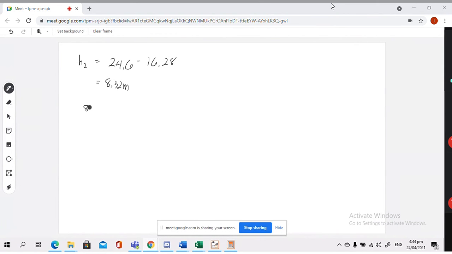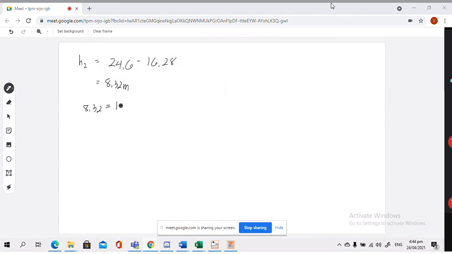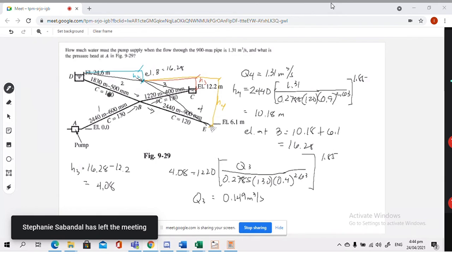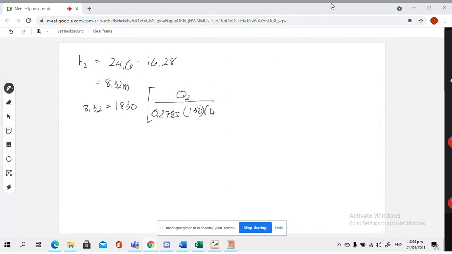So mo na pala gamito na to. Bilang L 1,830 times Q2 over 0.2785 C nga 130 D nga 500 to the 2.63 to the 1.85.